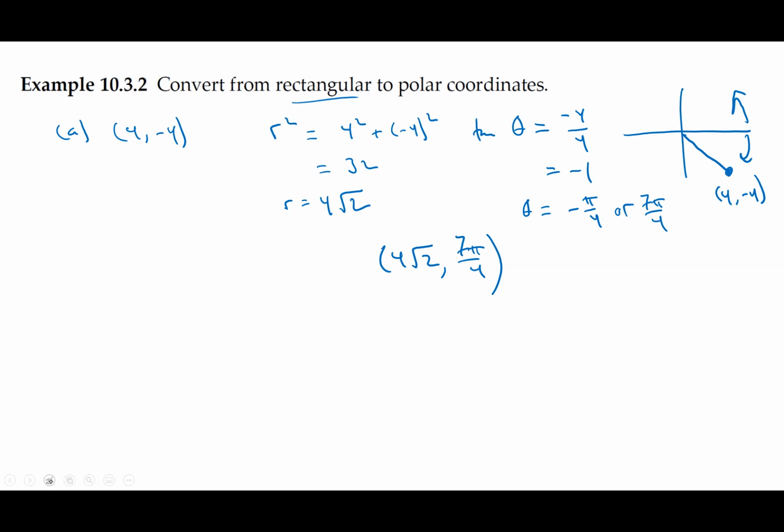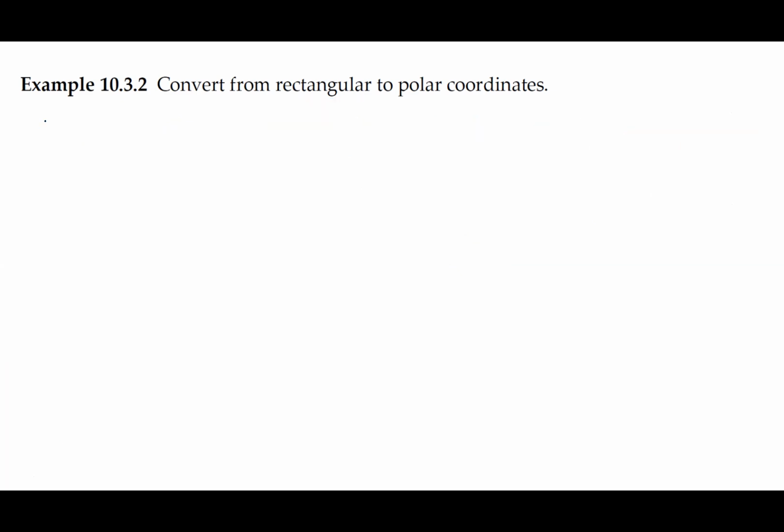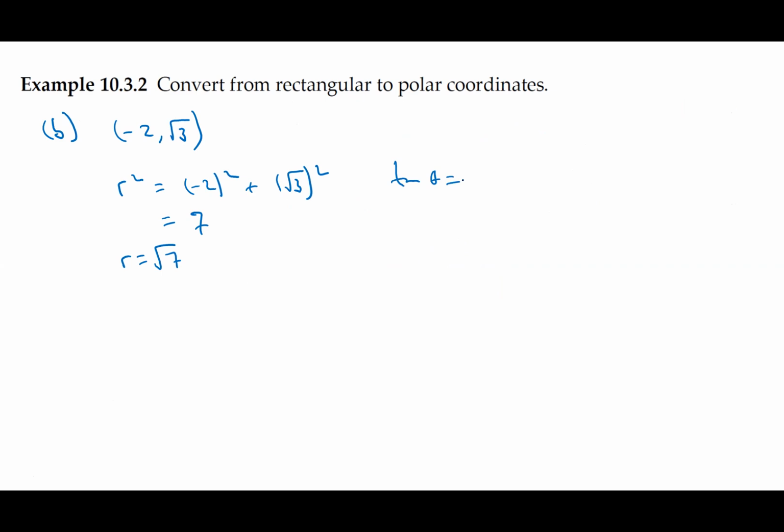Let's try another one. Let's look at negative 2, comma, root 3. All right, well, r squared is going to be negative 2 squared plus root 3 squared. So that's 4 plus 3, 7. So r is square root of 7. And then tangent theta is root 3 over negative 2.